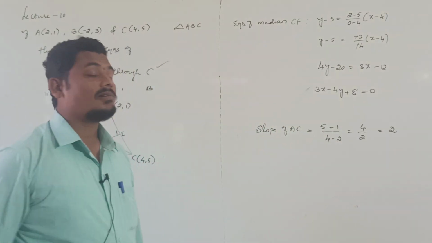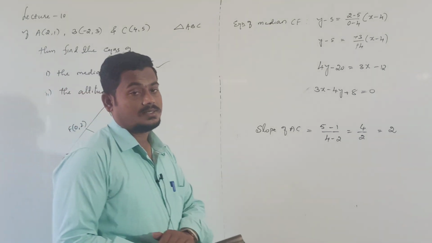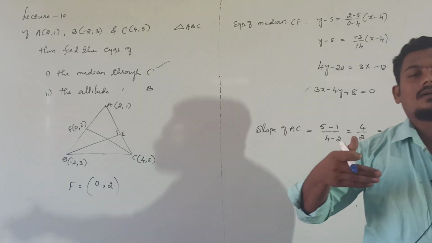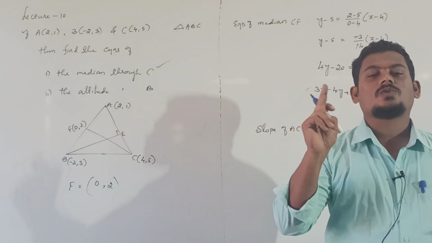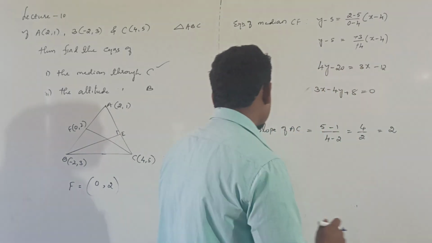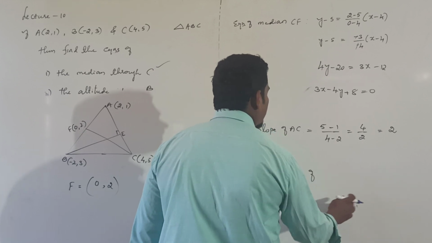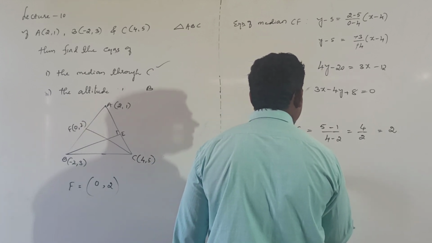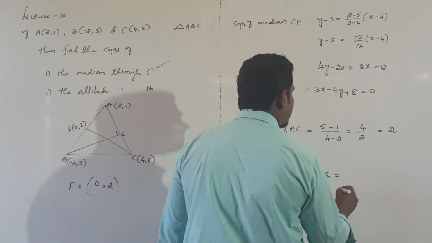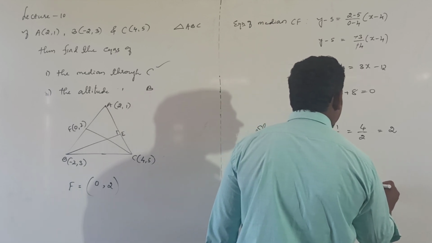Slope of AC is equal to 2, then what is the slope of BE? We need the slope of BE. Already you know, when two lines are perpendicular, then the slope of one line is equal to the negative reciprocal of the slope of the other line. Slope of BE is nothing but minus 1 divided by slope of AC, right?